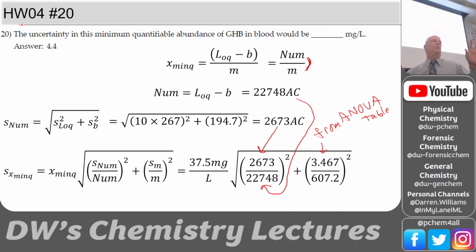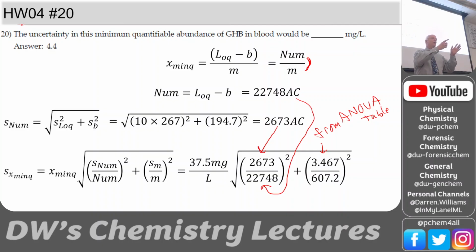So those are the two possible ways for a simple linear equation, y equals mx plus b. We can calculate the uncertainty in y. We have three things that go into it: the uncertainty in m, the uncertainty in x, and the uncertainty in b. How do all three of those fit together? We do the multiplication and then the addition, and then we get the uncertainty in the result, y. But sometimes I need to solve for x.